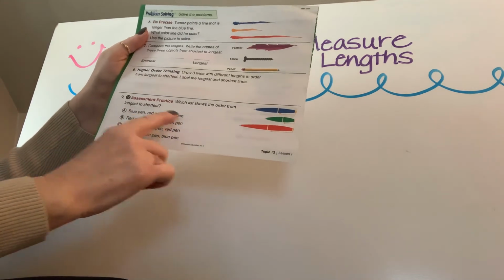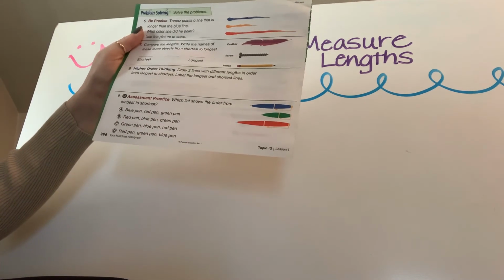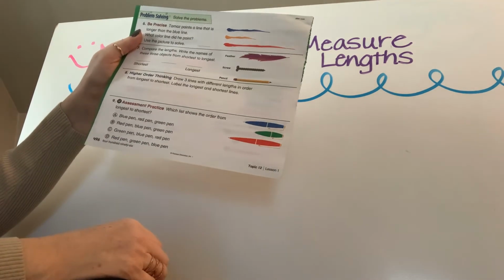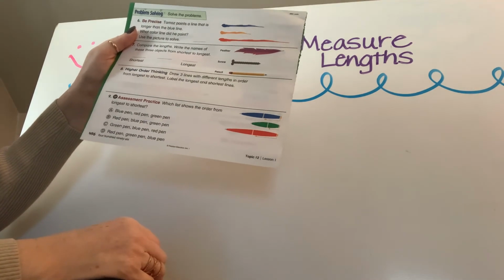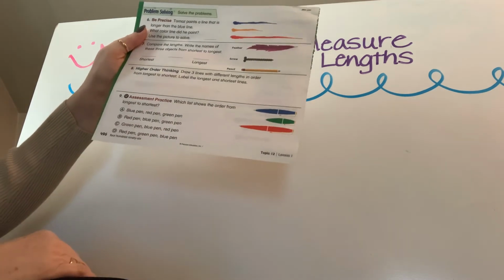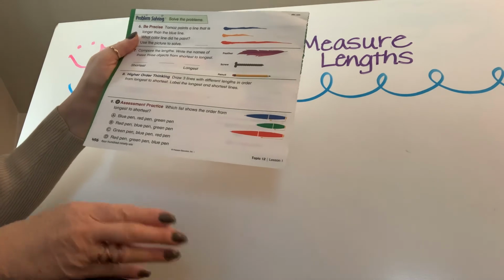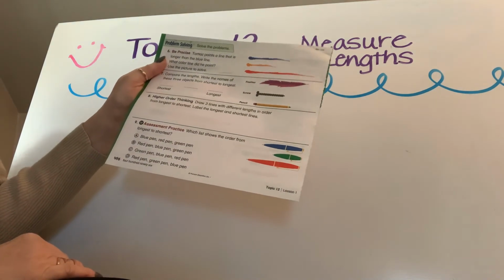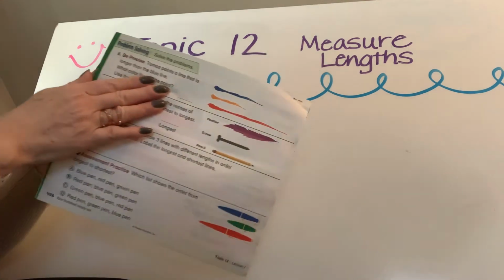It would be really a good idea if you put an L over here by the longest and you put an S by the shortest. And that way you can look for that color first, then the middle, and your shortest will be last. Pretty easy today, isn't it? Your math lesson really shouldn't take you very long.